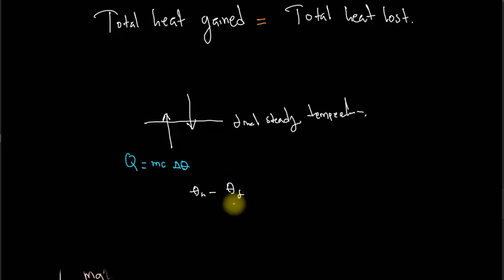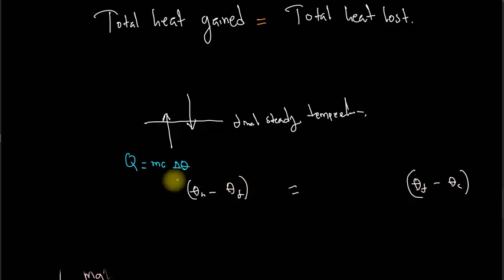Because the final temperature will be less than the temperature of the initial hot water. And then for the cold water, it's going to be the final temperature minus the initial temperature of cold water, because the cold water will get warmer when you mix it with hot water. So that's the change in temperature.